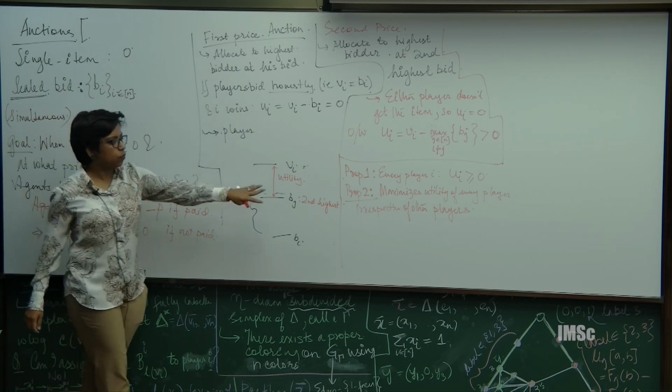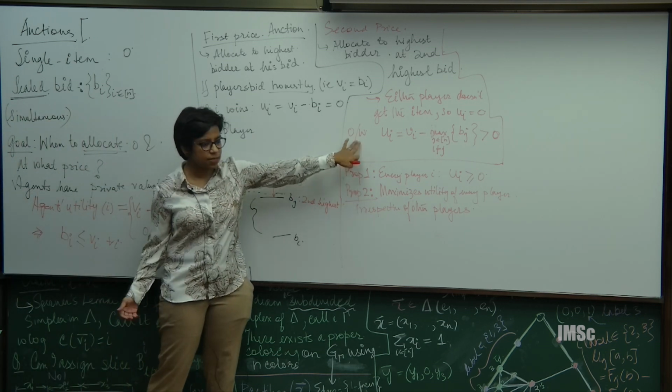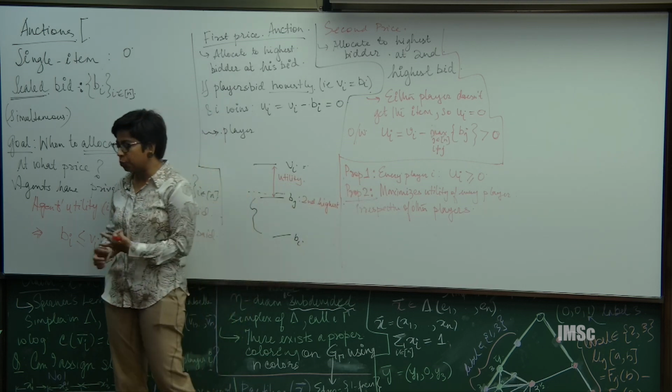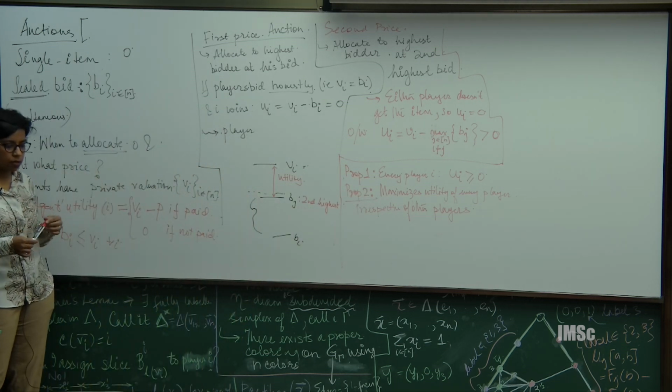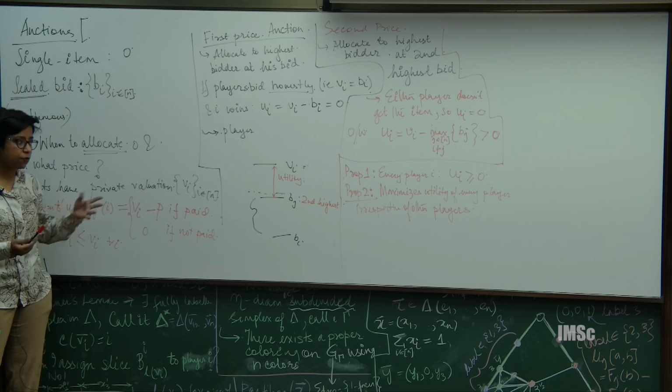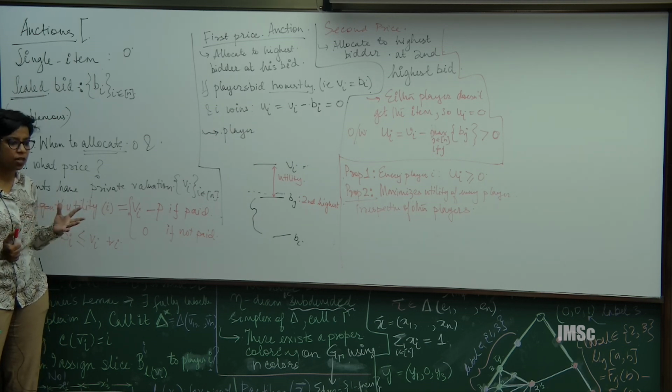So property 1 is true obviously from this. The question is property 2, this is what we think of as a regret-free mechanism. I know that there is nothing else I could have done. If this is true, then I know there is nothing else I could have done to increase my utility.